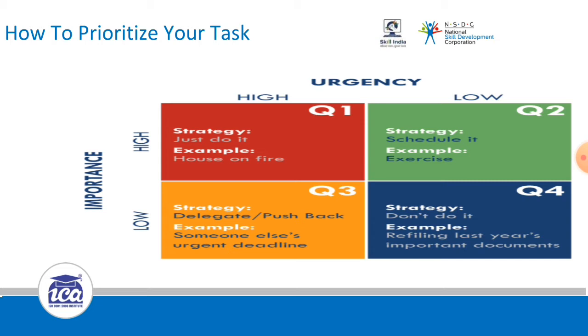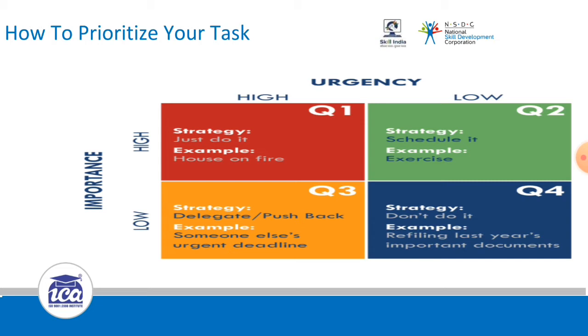Okay, now comes the second quadrant. Second quadrant means schedule it, meaning activities which are important but not urgent. For example, exercise, you can do it later also. For example, watching a movie, you can do it later also, right?